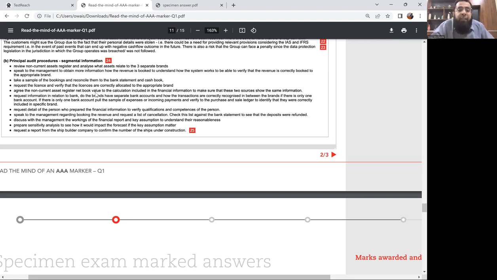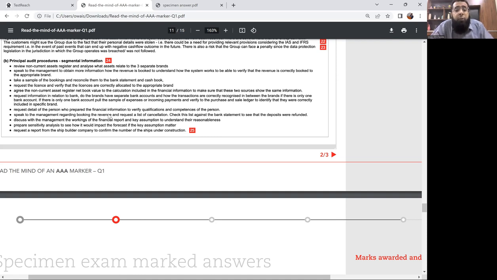Agree the non-current asset register net book value to the calculation included in the financial statement to make sure that 2 sources show the same information. Irrelevant and useless procedures. Request information in relation to the bank. Do the brands have separate bank accounts and how the transactions are correctly transacted in between the brands? Again, he's just writing useless information.